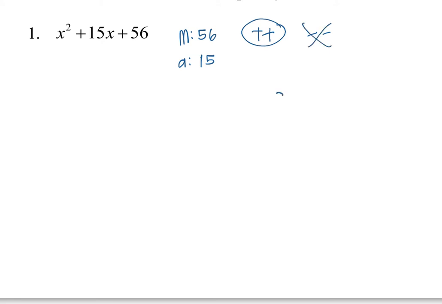So I'm going to write the factors of 56. The way I got this list of factors, sometimes I can do it in my head, and sometimes the number is bigger than 56, so I just go through the list of 1, 2, 3, 4, 5 in the calculator.